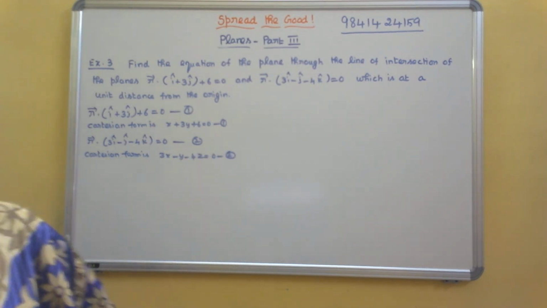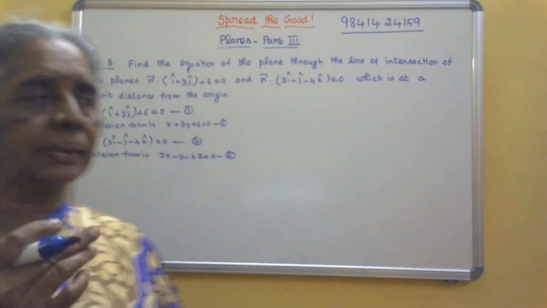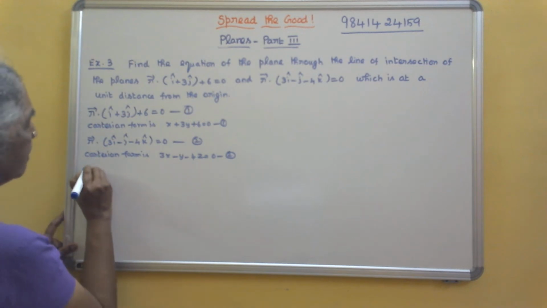So now we have got two plane equations in Cartesian form. What is the equation of the plane passing through the intersection of these two planes?